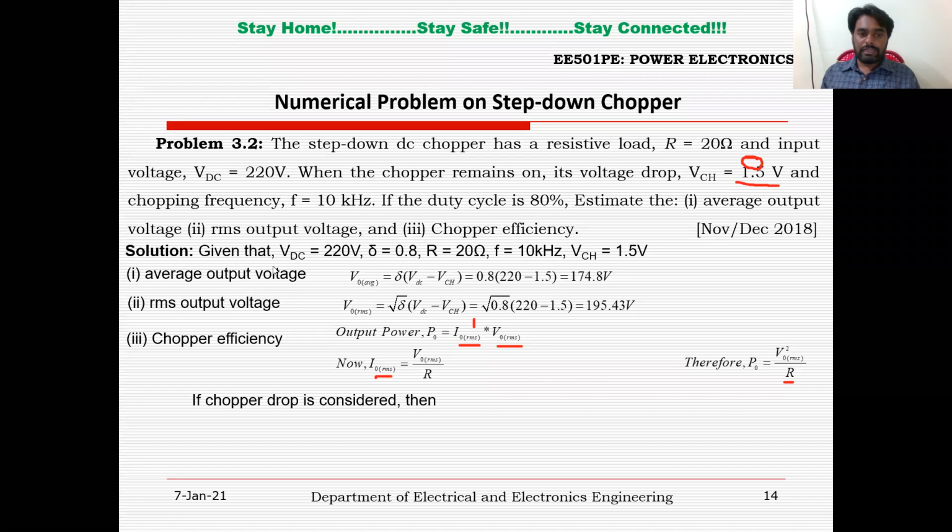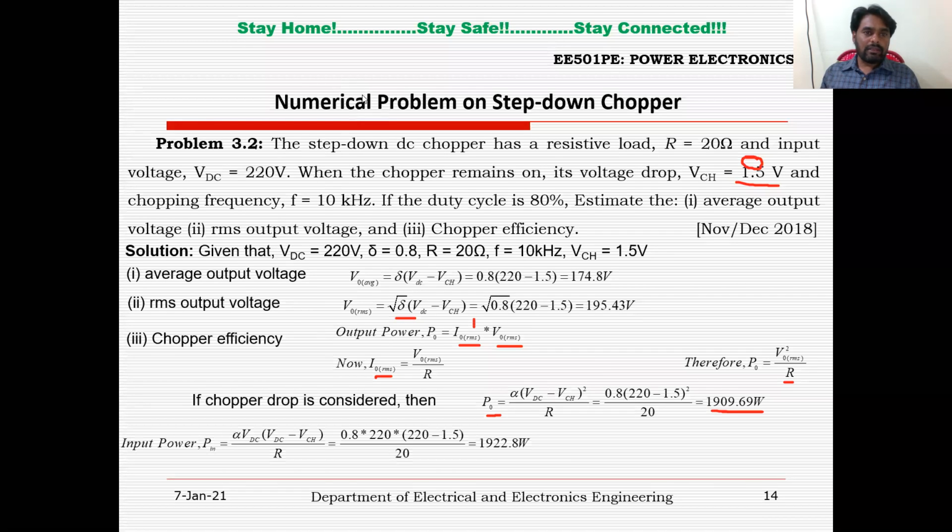Now, if you consider the chopper drop, this is the output power, right? Because V naught RMS is just the square root of this, the square root will get cancelled. You can write VDC minus VCH whole square divided by R, right? So this is the P naught output. You just substitute alpha, VDC, and VCH, and you will get the output power as this much.